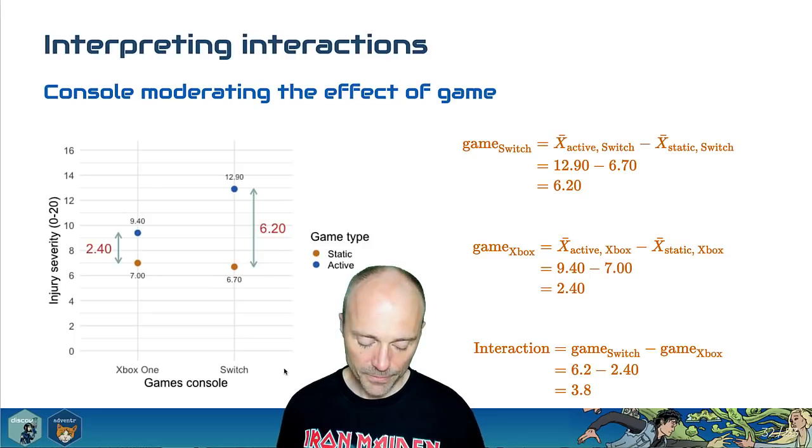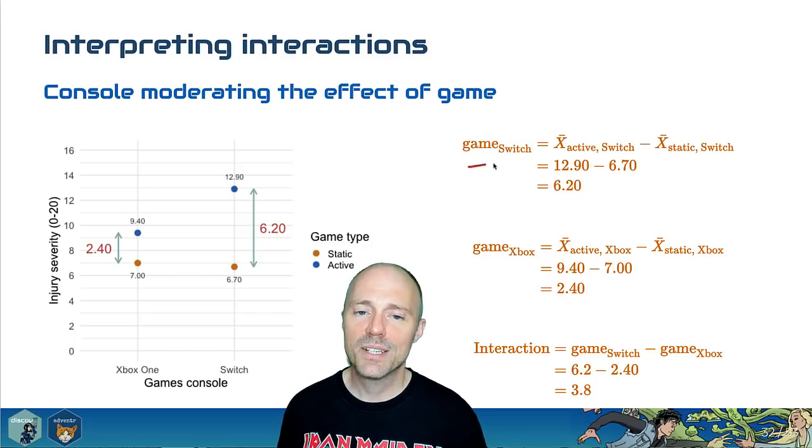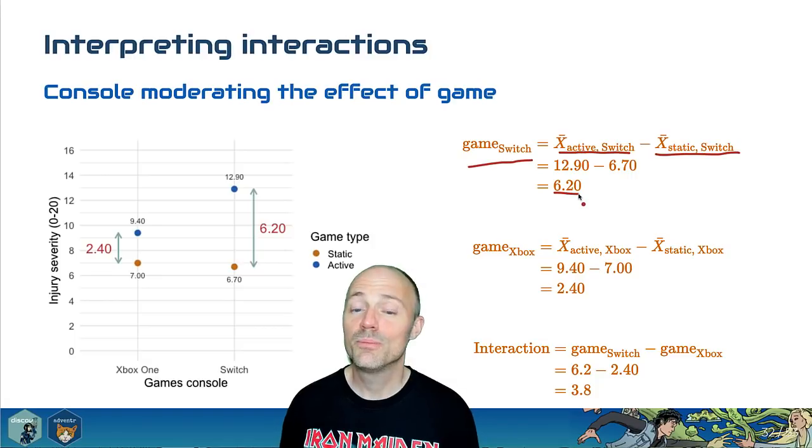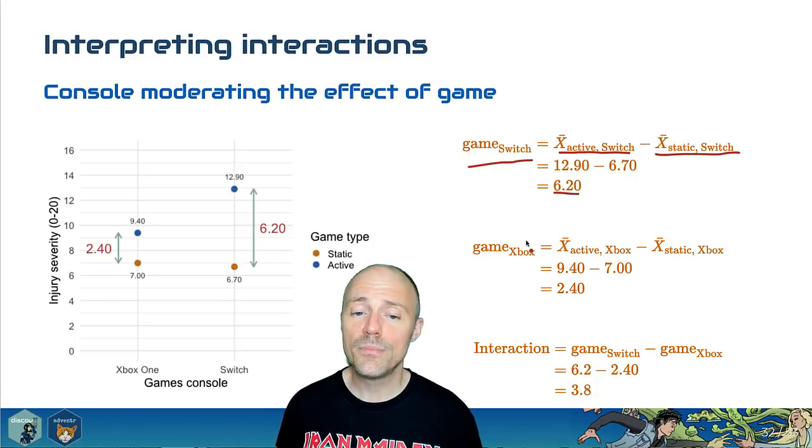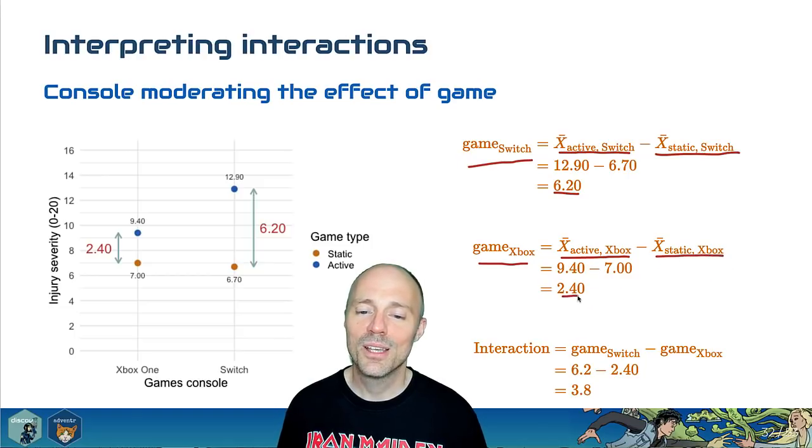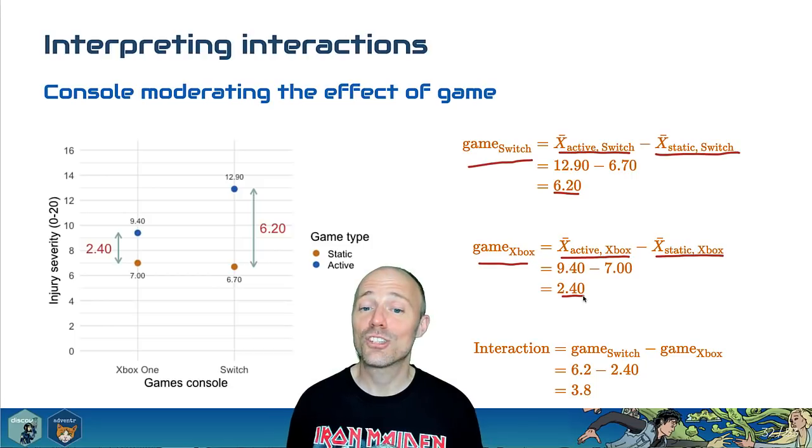So what's the effect of game when you play the Switch? Well, it's the mean of active games on the Switch minus the mean of static games on the Switch, which is a difference of 6.2, as shown on the diagram. What's the effect of game in the Xbox? That will be the mean of active games on the Xbox minus the mean of static games on the Xbox, which is a difference of 2.4, as shown on the diagram.